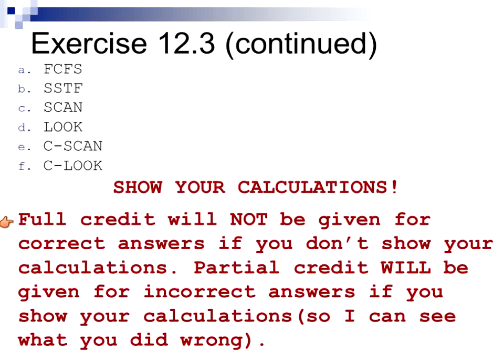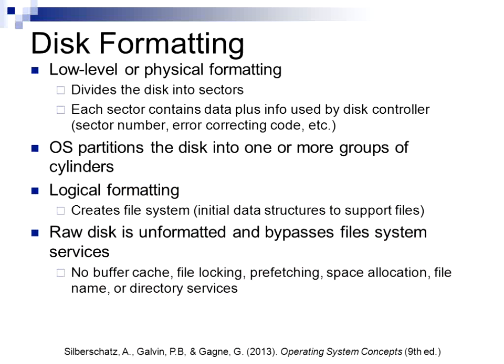You won't get full credit if you don't show your calculations, but I will give you partial credit if you have an incorrect answer as long as you show them. And if it's just a simple addition or subtraction mistake, rather than a misunderstanding of how the algorithm works, I'll give you full credit for the calculation, because I could see that you understood how each of these algorithms worked. So that's why it's good to show your work.